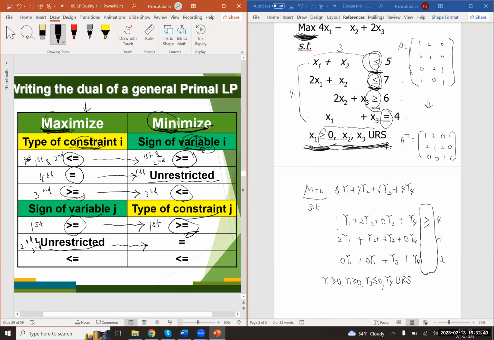This implies that the second and third constraints in the minimization problem must be equations. So we're going to have equal sign there. Okay. So this is the dual LP given the primal LP like that. And this is how we could use this conversion table. Okay. That's very easy.